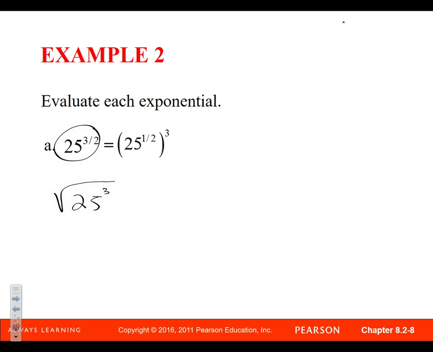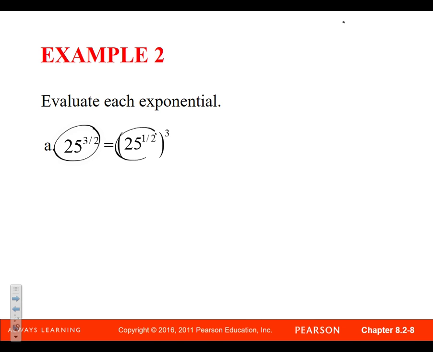Now what they're having us do is to separate into 2 different things, because it's going to be helpful sometimes. Sometimes it's more helpful to do the root first and then the power, or the power and the root. In this case, using those exponent rules, wouldn't that just be 3 halves? 1/2 times 3 is 3 over 2. But it really helps us to see it this way.